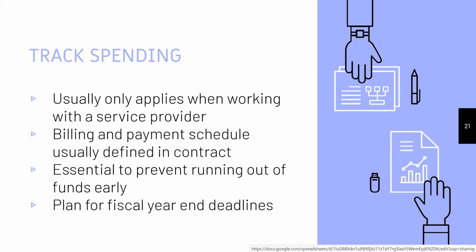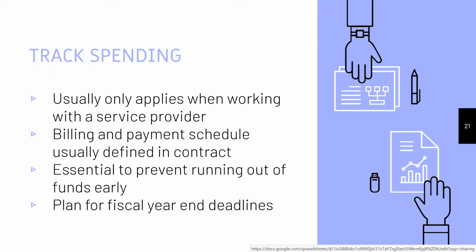Part of monitoring is tracking spending. This is like if you've got a budget and you're expected to spend that budget in a particular time frame and not go over it. Or no, you can go over it by a certain amount. These are all important things to know up front.